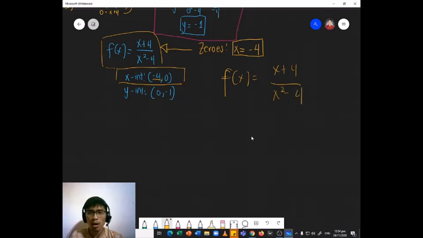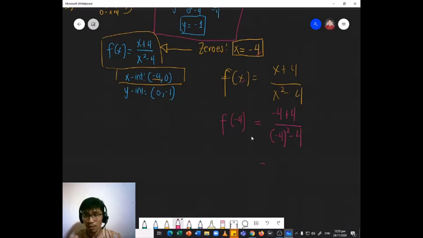So once I substitute negative 4 into our equation here, this will make our equation 0. Okay, let's try. The value of our x here is negative 4, so it will become f of negative 4, so just simply substitute: negative 4 plus 4 all over negative 4 squared minus 4.